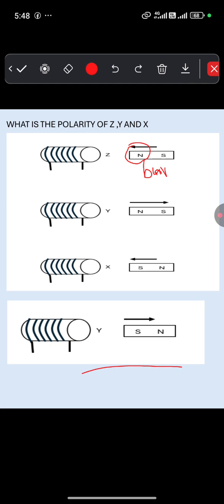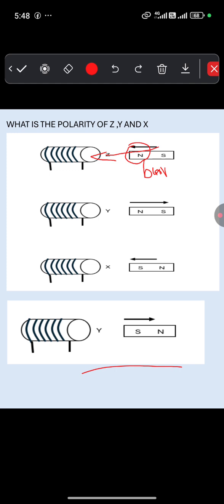Now, this is what is happening. When you take a magnet and you want to push it into the solenoid, okay? When you try to push it into the solenoid, the solenoid will want the bar magnet to go out. When you push it in, the solenoid pushes it out. It wants it out.